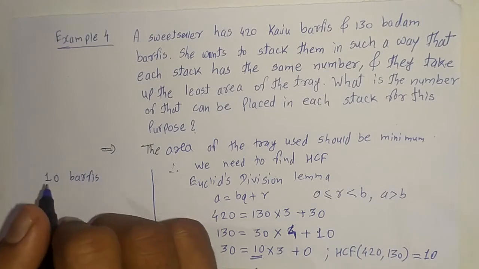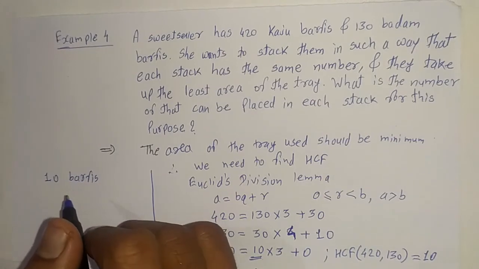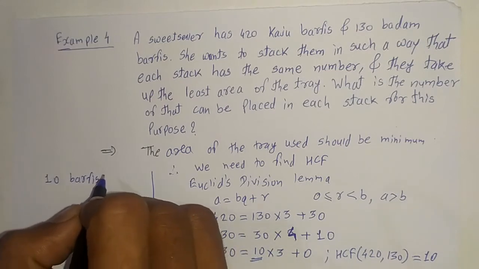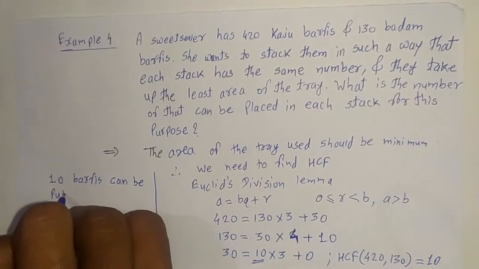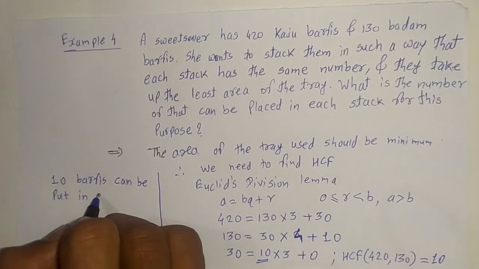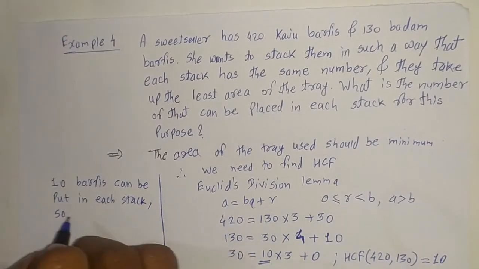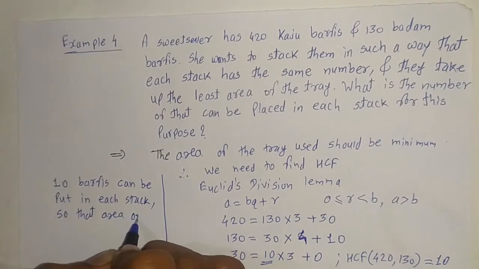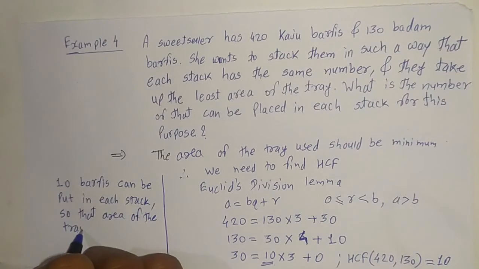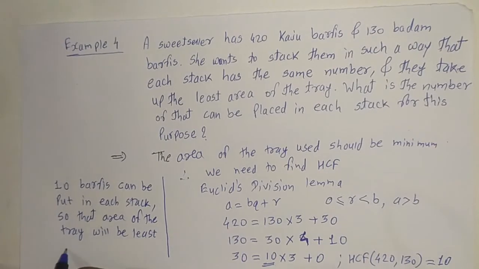So you have to write it in detail so that the examiner, the person who is checking your answer sheets, will know that you understood the concept. 10 burfis can be put in each stack so that the area of the tray will be least occupied.